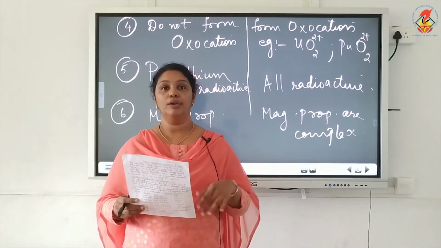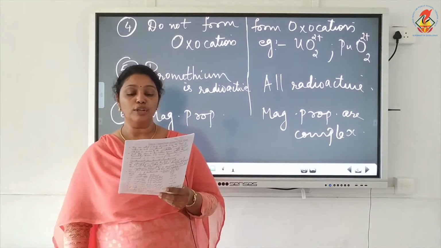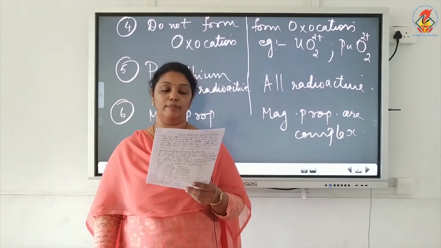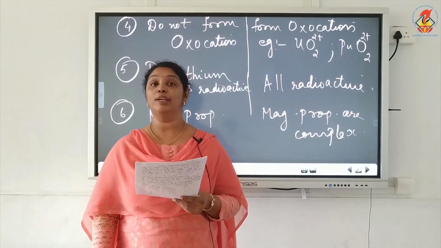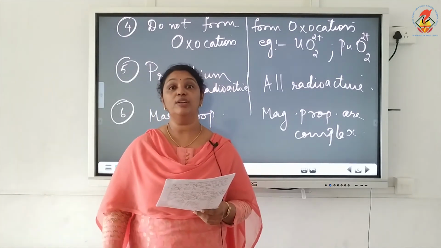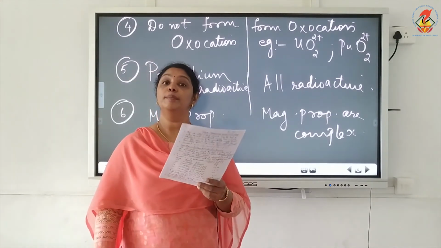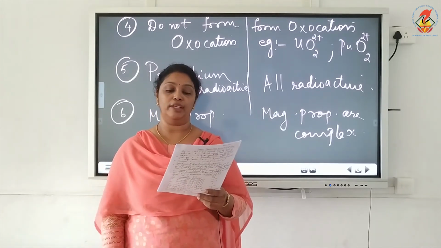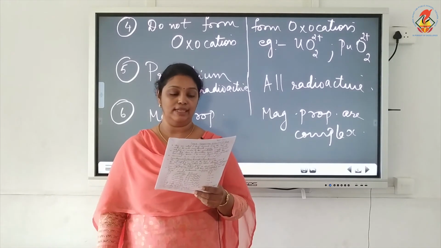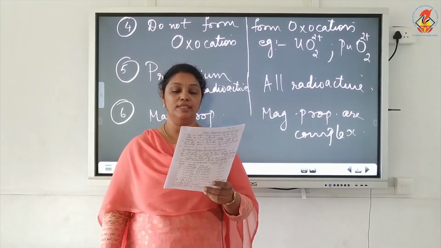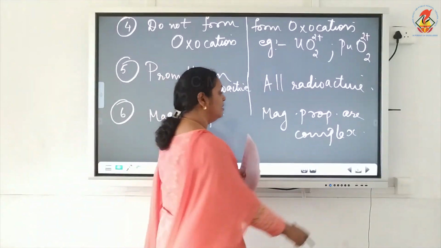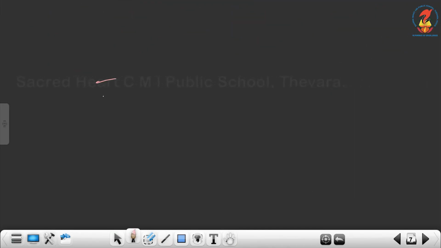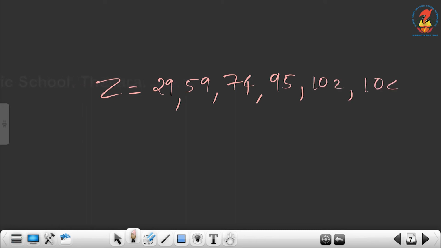Now, we have questions. The first question: actinoid contraction is greater from element to element than lanthanoid contraction. When you compare lanthanoid and actinoid contraction, the actinoid contraction is greater, due to the poor shielding effect of 5f electrons in the actinoids than that of 4f electrons in the lanthanoids. The next question: decide which of the given atomic numbers are members of inner transition elements. The atomic numbers are 29, 59, 74, 95, 102, 104.